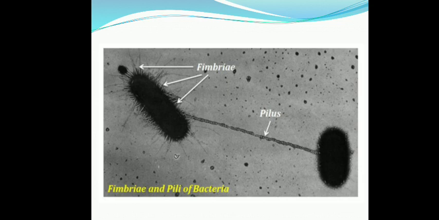For example, bacteria get attached to the surface by fimbriae of liquid culture media, forming a pellicle. A small pellicle-like structure is formed with the help of fimbriae, and this pellicle helps the bacteria to attach to the liquid culture also.